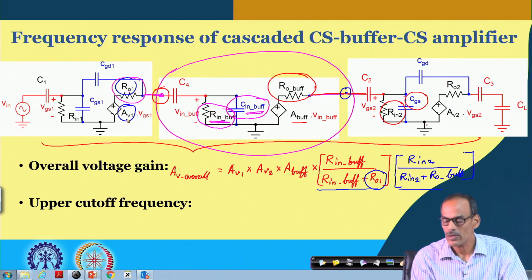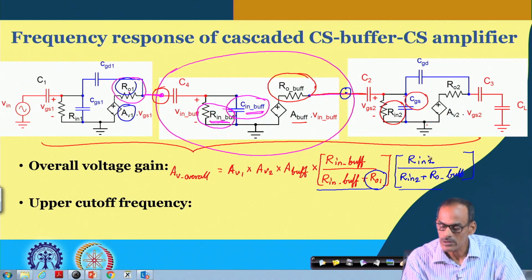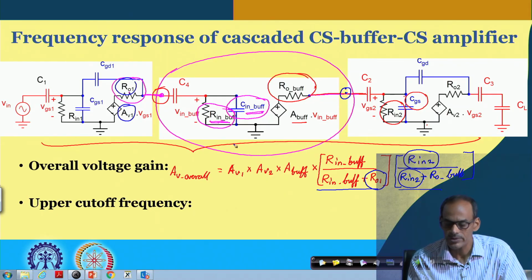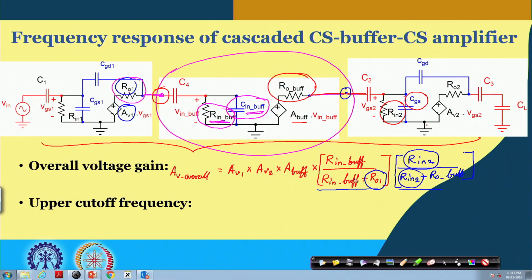So, we are not allowed to change it here. Likewise, we are not allowed to change the input resistance here. The only thing is, let us see what we can do in this buffer circuit so that we can remove these effects.